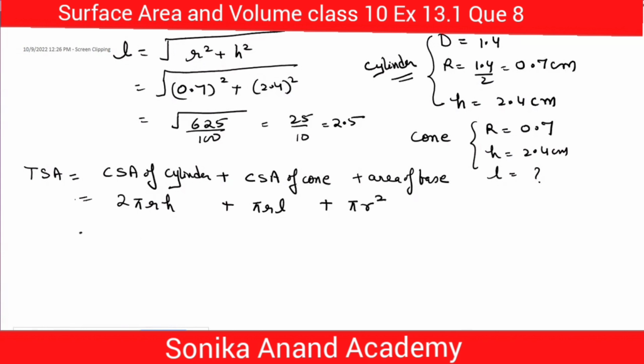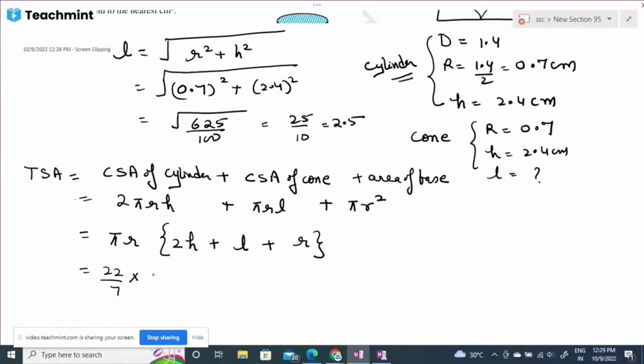We take the common, pi r, that is 2h plus l plus r, that is 22 by 7 into radius 0.7, 2 into height of cylinder is 2.4. Here slant length 2.5, radius 0.7.